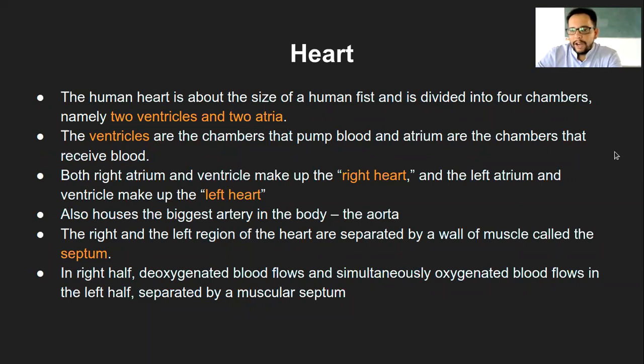And the atria will always receive the blood. Again the same, once oxygenated and second time deoxygenated. If it is oxygenated blood that the heart is receiving, that means it should be from the lungs. And if it is deoxygenated, it has to be from the body.